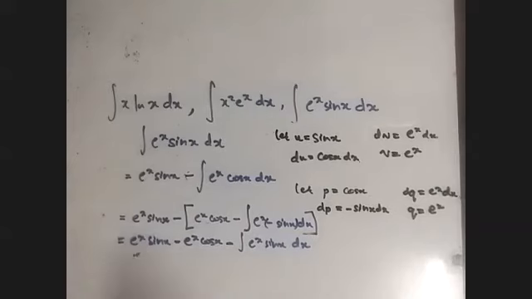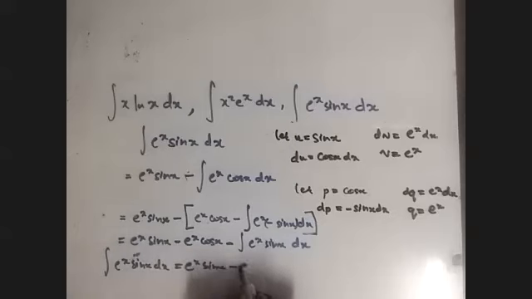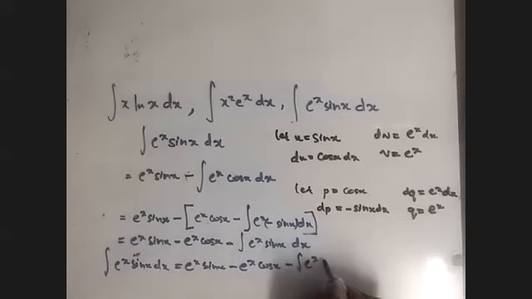Now we remember that the integral of e to the x sine of x dx is equal to e to the x sine of x minus e to the x cos of x minus the integral of e to the x sine of x dx. I forgot to write this one. Do you see we've got common terms here? I'm going to take this one and bring it to this side.